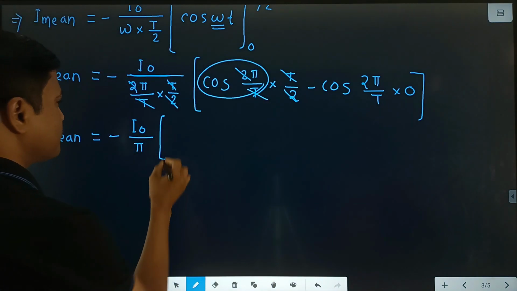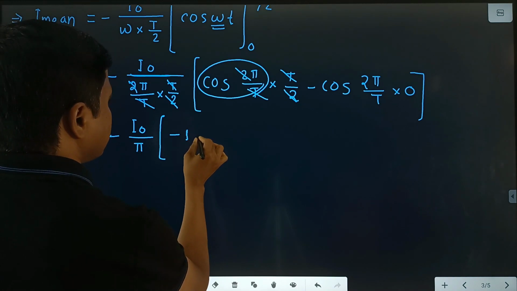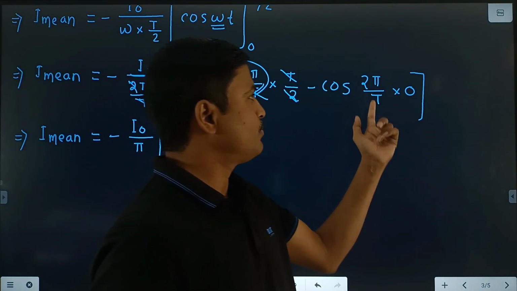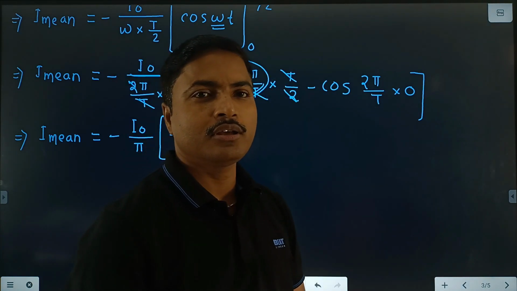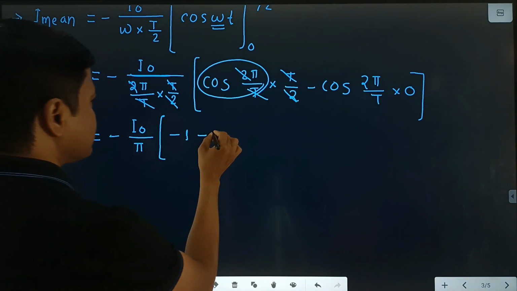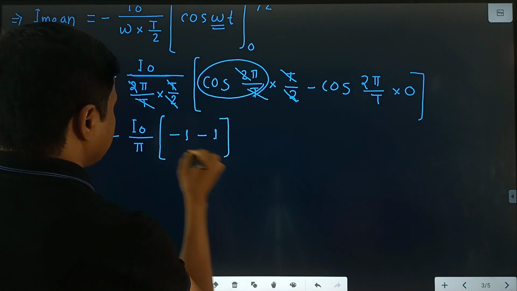Then 2 pi by T multiplied by 0 is 0, and cos 0 is 1, so in place of cos 0 we write 1.